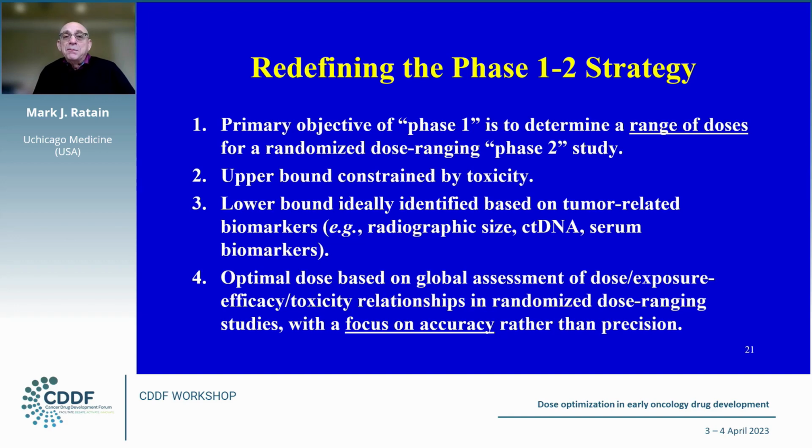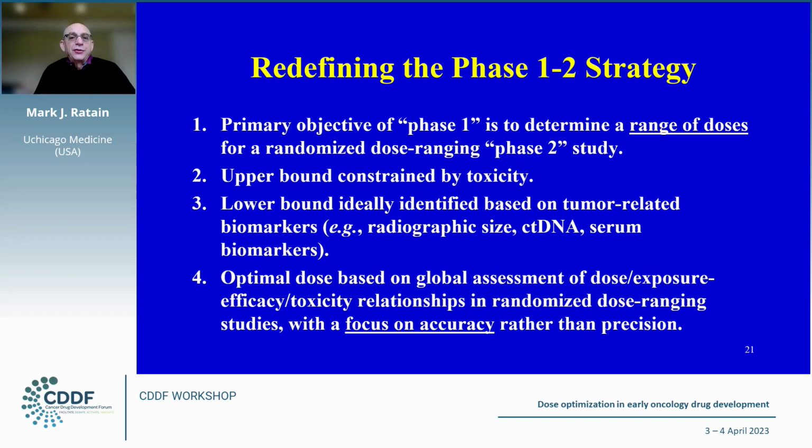The lower bound should ideally be identified based on tumor-related biomarkers. These are not biopsy biomarkers, markers of unknown clinical significance and unknown analytical variability and unknown inter-individual variability, but biomarkers that we understand: radiographic tumor size, perhaps circulating DNA, perhaps serum biomarkers.